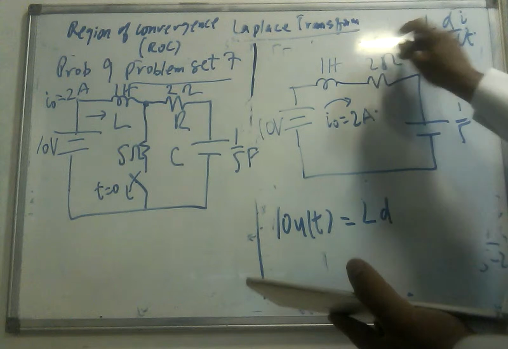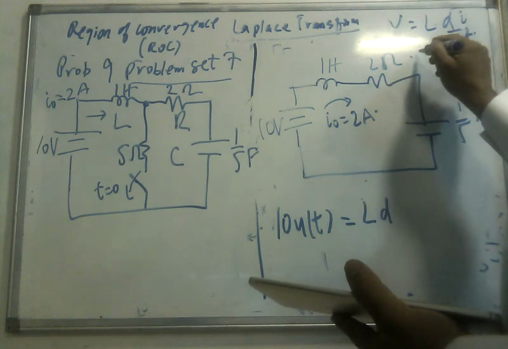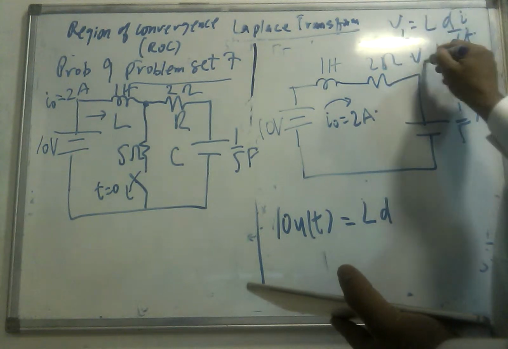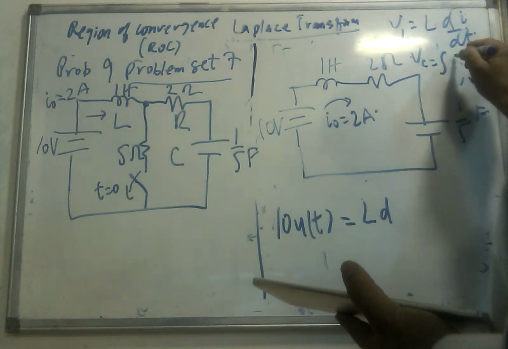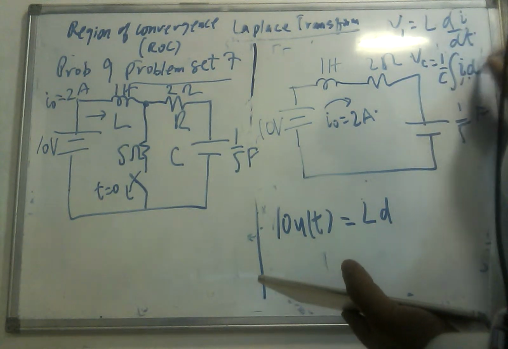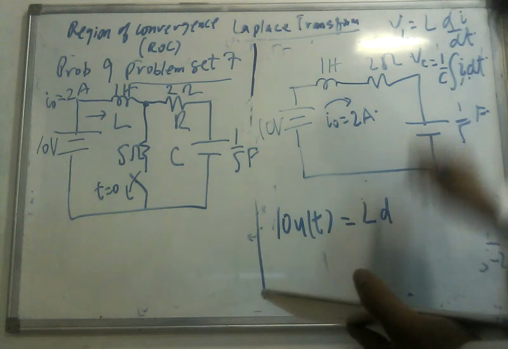So this is the current here. So the voltage VL, and VC is equal to 1 over C integral of i dt.